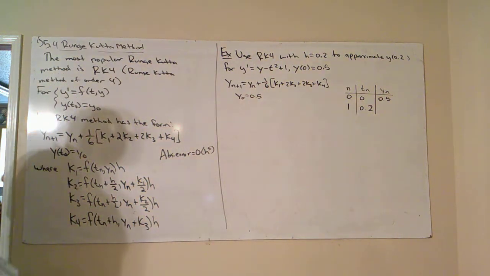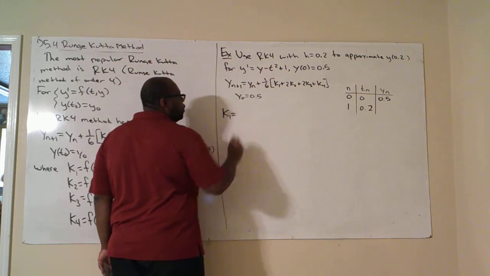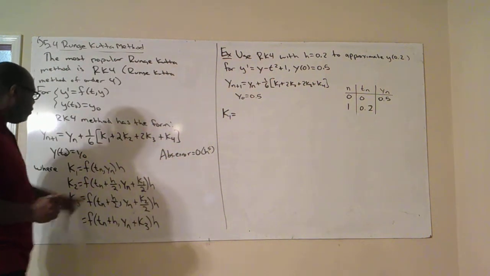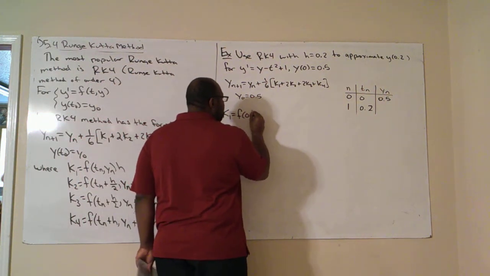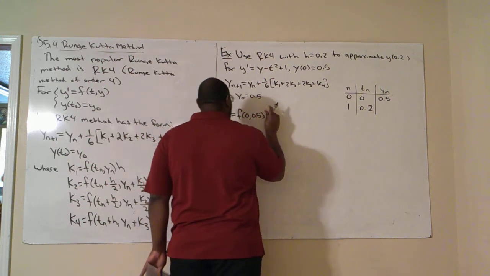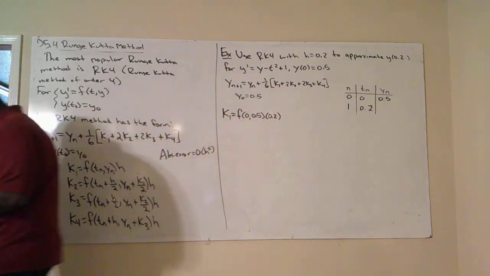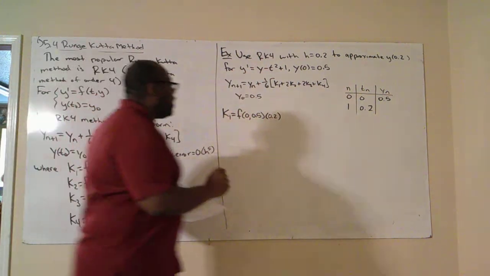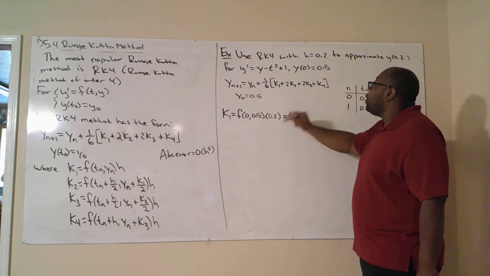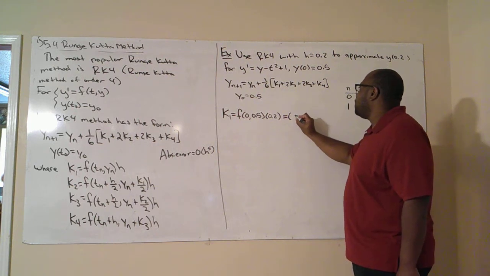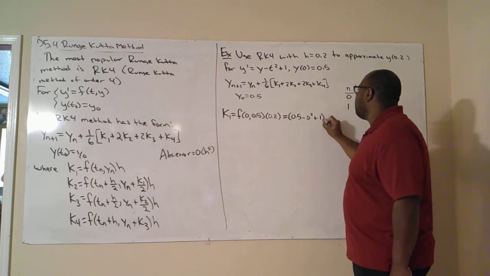So let's plug it in and see what we get. K1 is equal to f of 0, comma 0.5, times h, which is 0.2. So this is going to be y, which is 0.5, minus 0 squared plus 1, times 0.2.